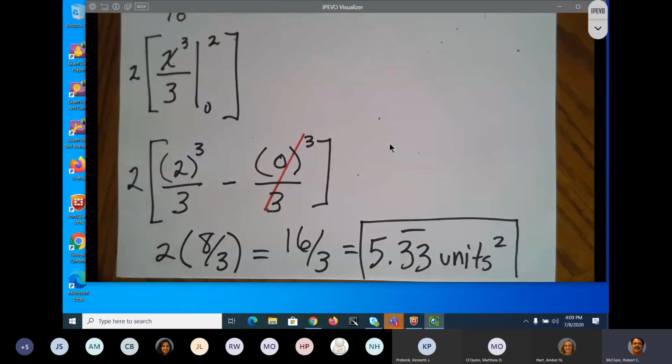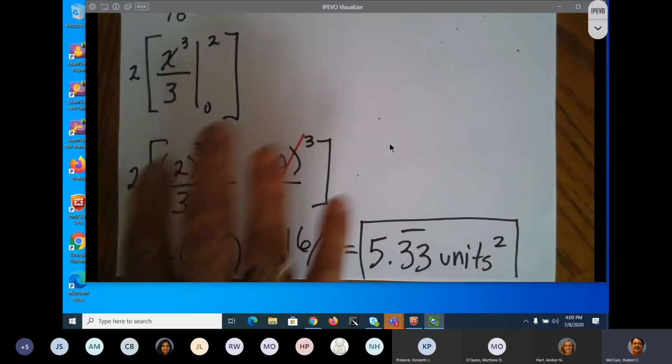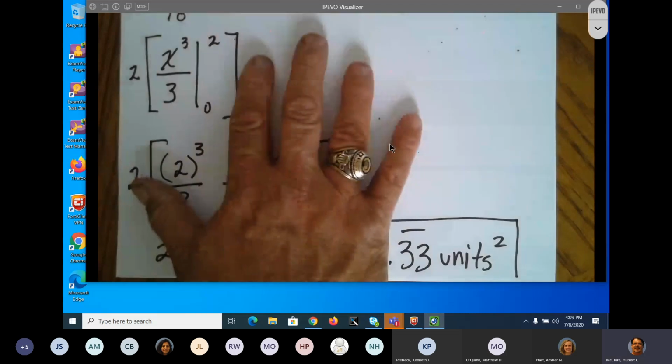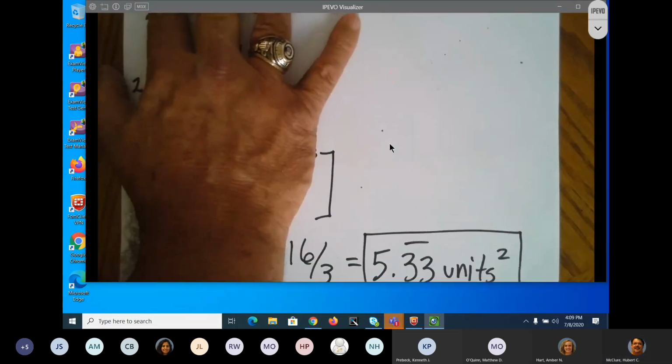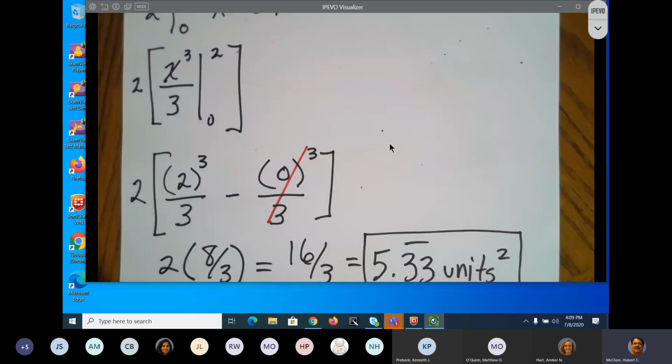Okay. So this is a prime example of a definite integral. It's also a prime example of one I would give you on a test. So let's do x cubed now.